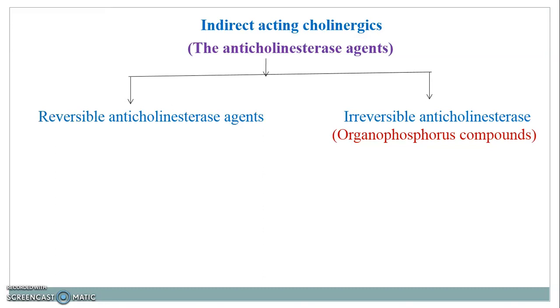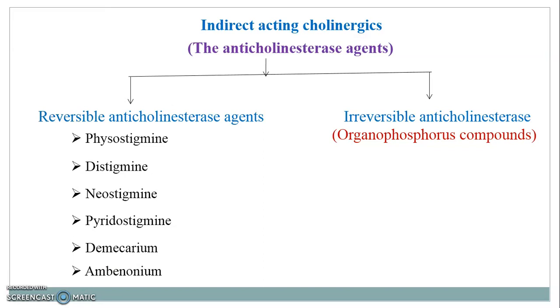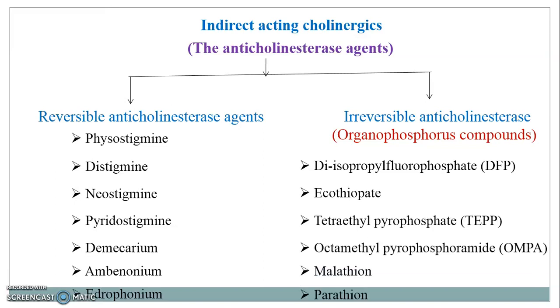Here we commonly see examples of reversible anticholinesterase agents like physostigmine, distigmine, neostigmine, pyridostigmine, demecarium, whereas the irreversible anticholinesterase agents are organophosphates, which result in phosphorylated enzymes that are not significantly regenerated by hydrolysis, meaning the enzymes don't regenerate after hydrolysis.